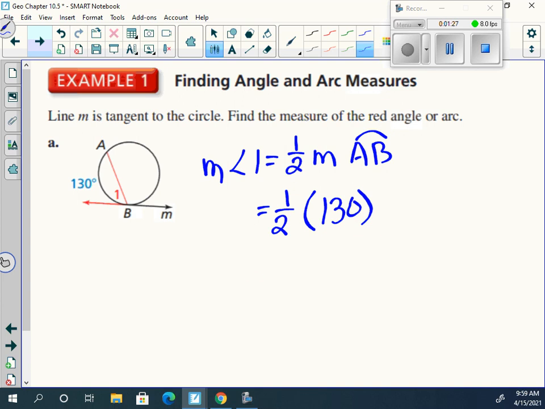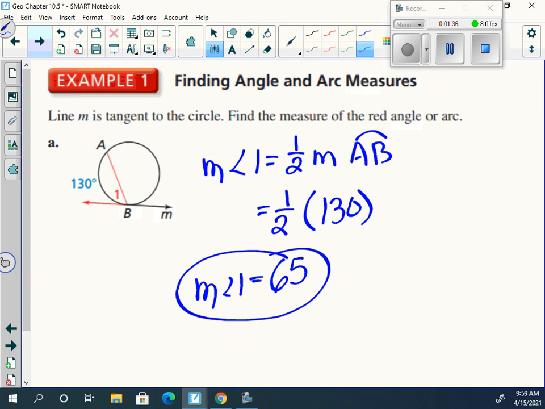So 1/2 times 130, or 130 divided by 2, gives us that the measure of angle 1 is 65 degrees. Since we were given the arc, we could divide it by 2 to find the angle. Any questions on this here?